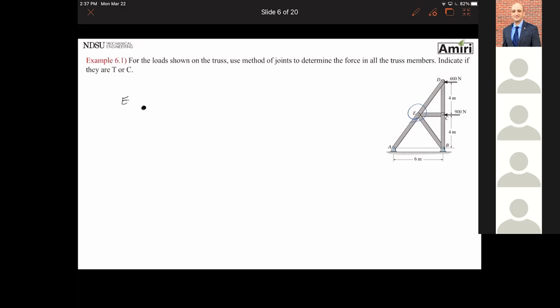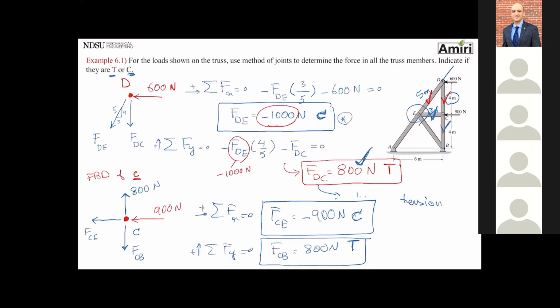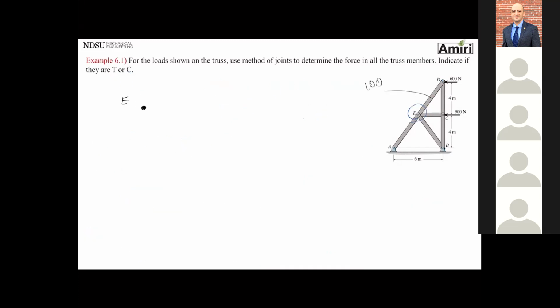All I see is 4 forces that are going away. So let's see. DE, this one, let me figure it out. How much was it? DE was 1,000 newtons and it was compression. CE was 900 and it was tension.